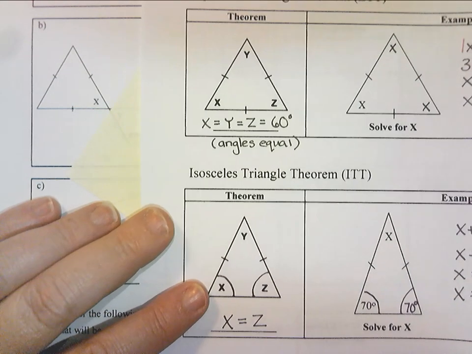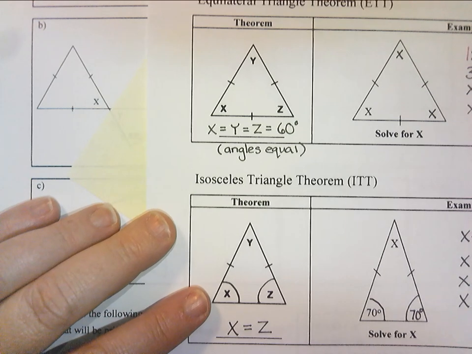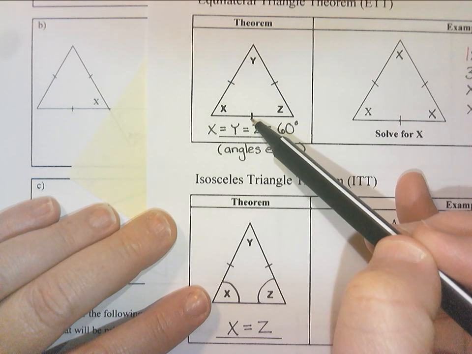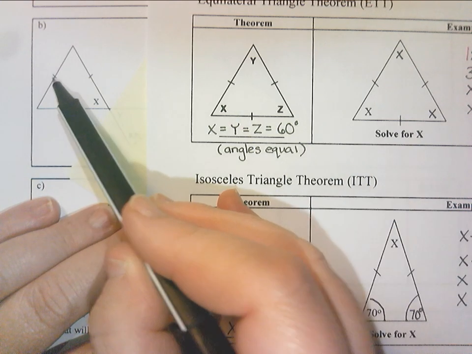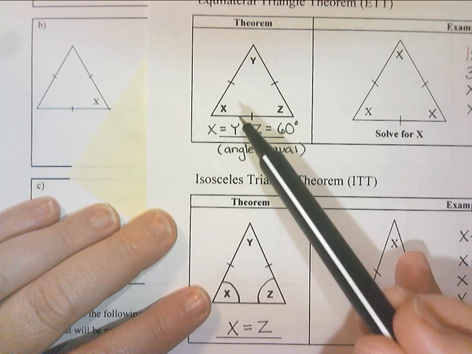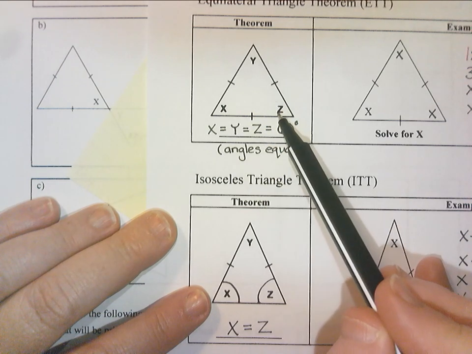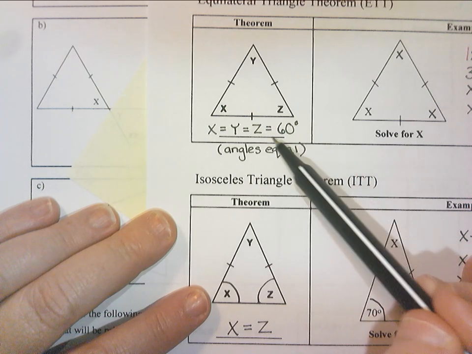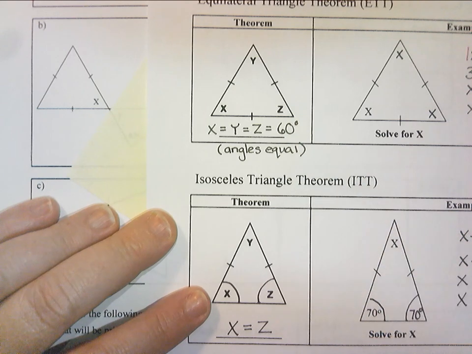I see our ETT, or equilateral triangle theorem, is when you have three sides that are all the same length. I have three sides that are all the same length. So this angle here should be the same as all the other angles in the triangle, and more specifically, it should equal 60 degrees.